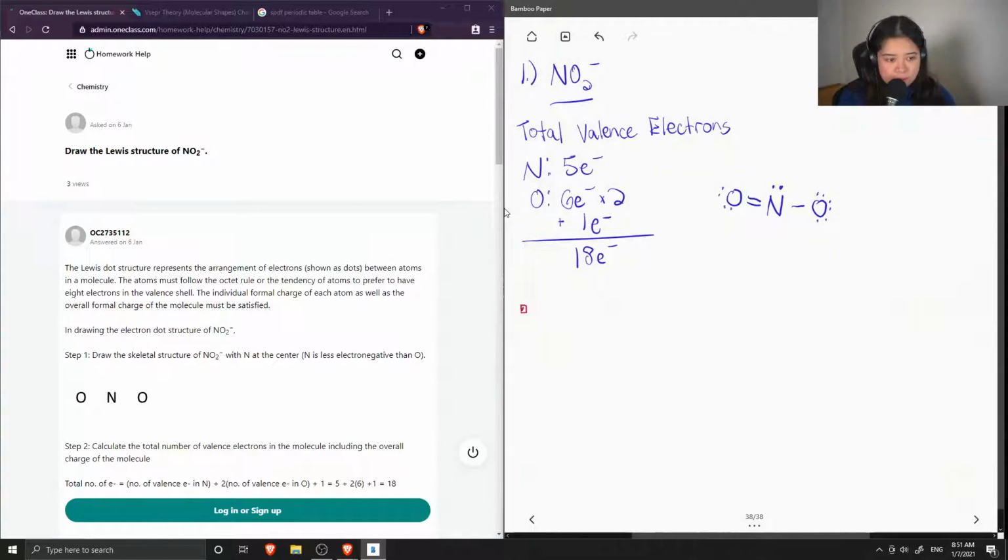Let's do this down here. Formal charge will help us see what charge each atom would have.